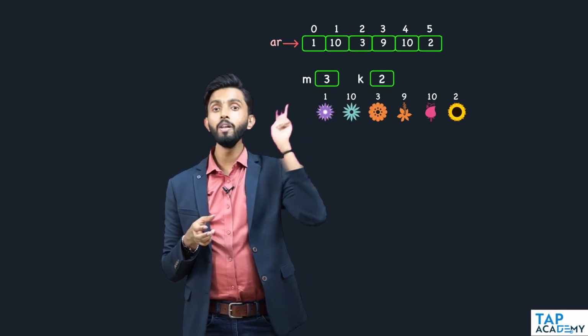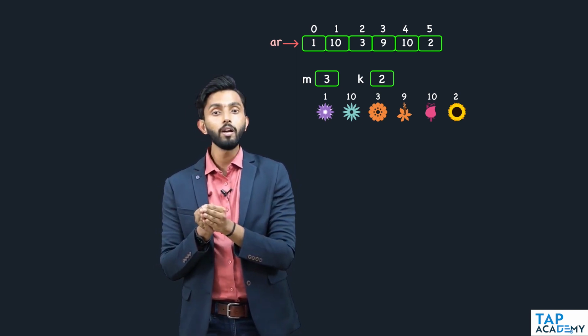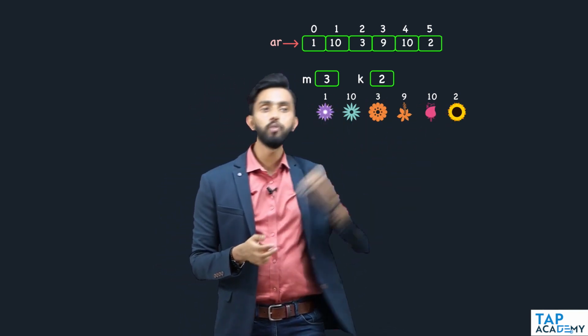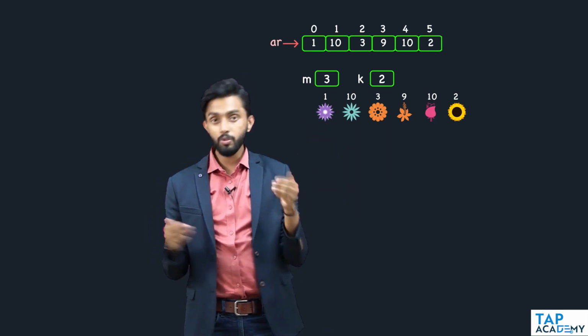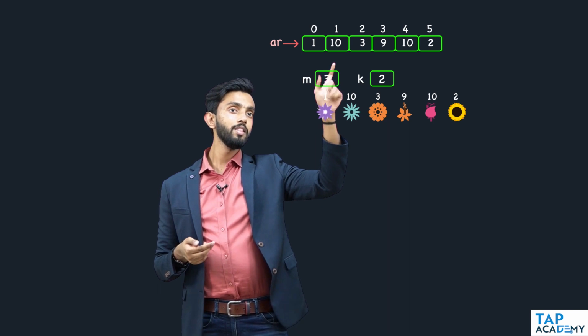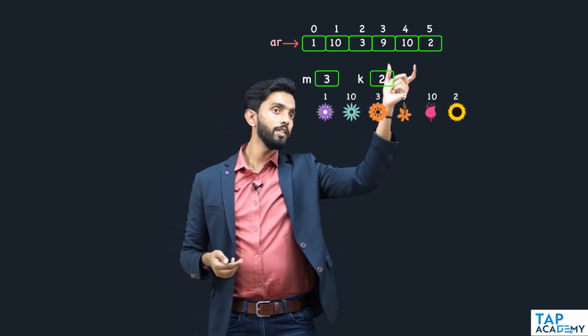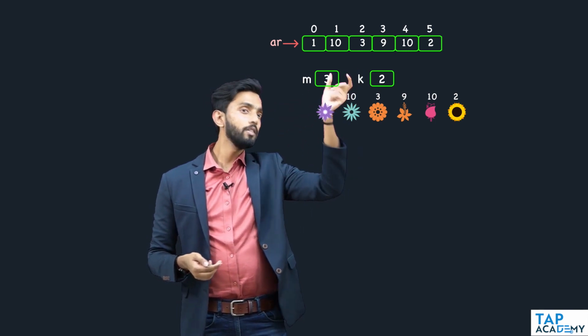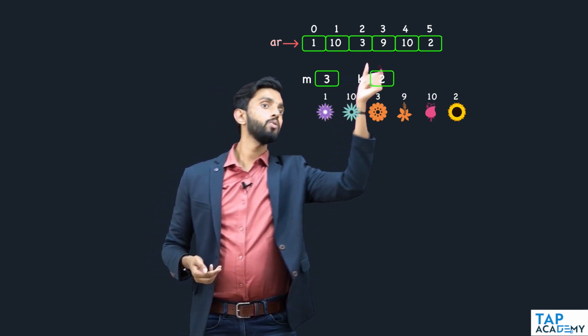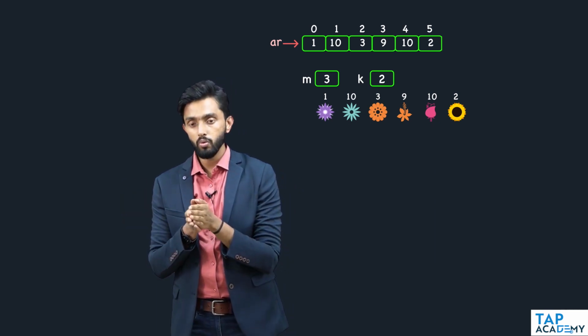Say K is 2, so minimum you need 2 flowers to make a bouquet, but you can't just take any 2 flowers. You must take flowers which are adjacent to each other. So you can make one bouquet with this flower and this flower, and likewise with each pair of neighbouring flowers. In other words, only adjacent flowers can be used.